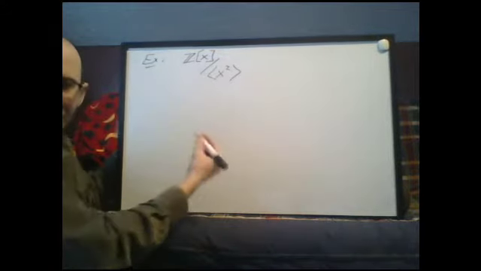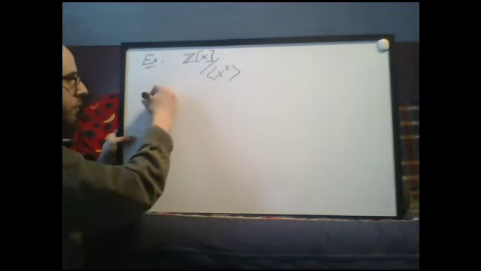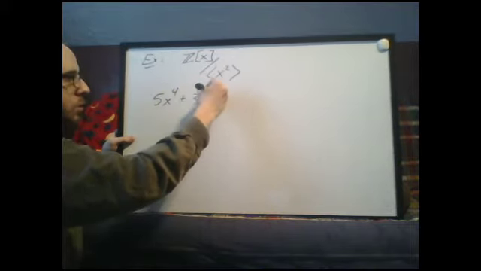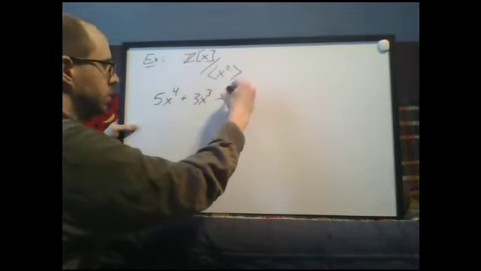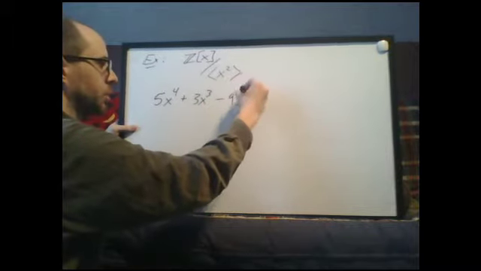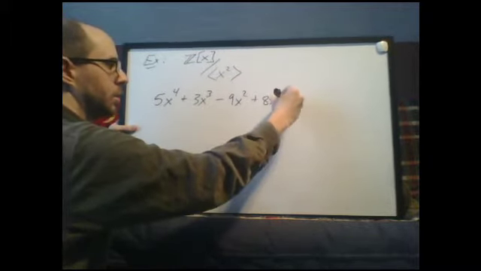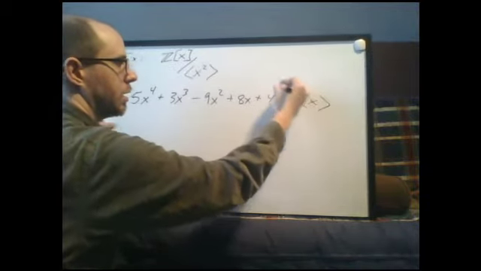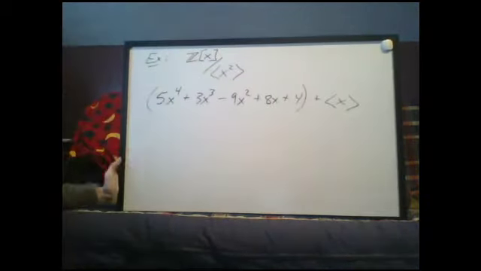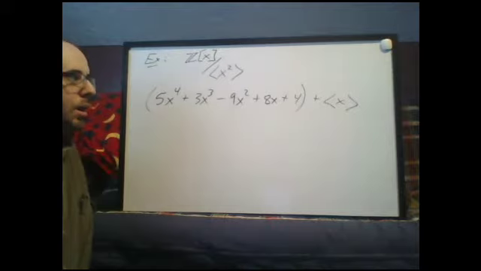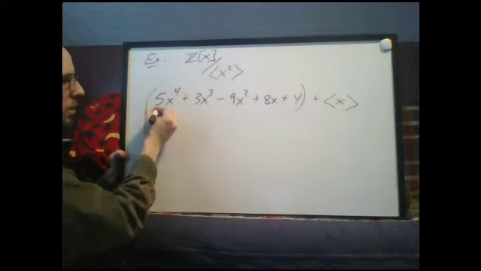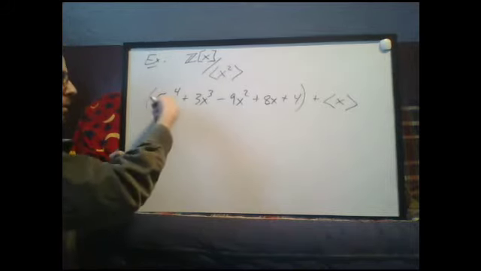So let's do a reduction example first. If I have 5x to the 4th plus 3x cubed minus 9x squared plus 8x plus 4, and I want to reduce this, I can do it term by term.